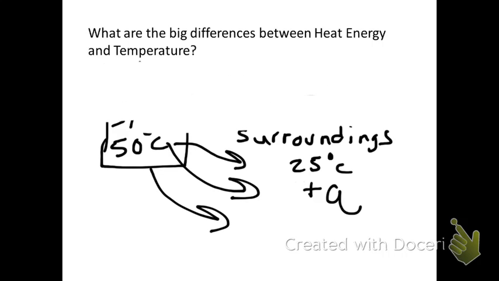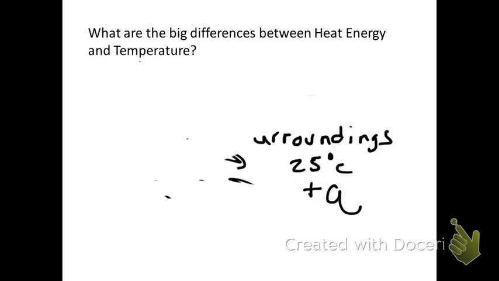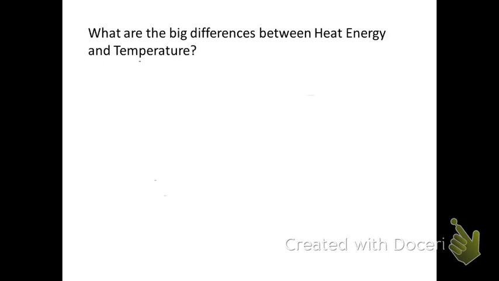So, what is temperature then? Temperature can be looked at as a measurement. It measures the hotness or coldness of an object and determines the direction of heat flow.